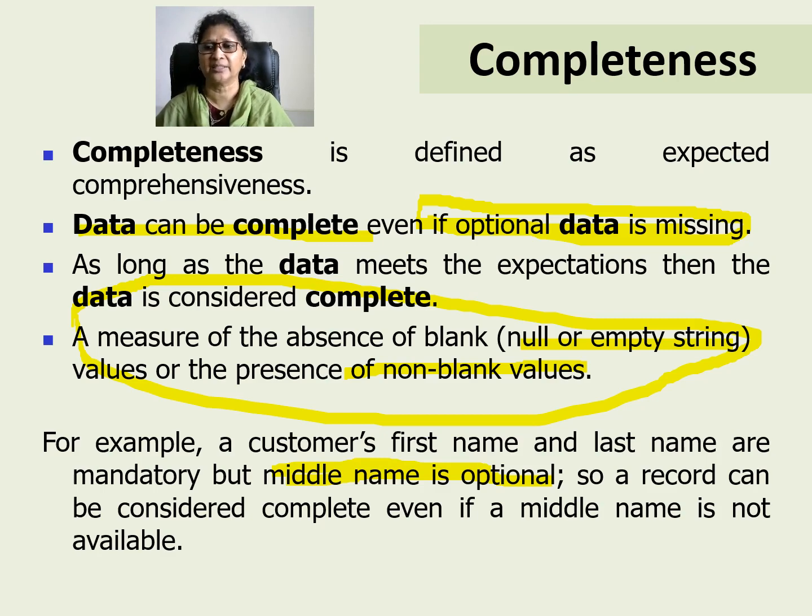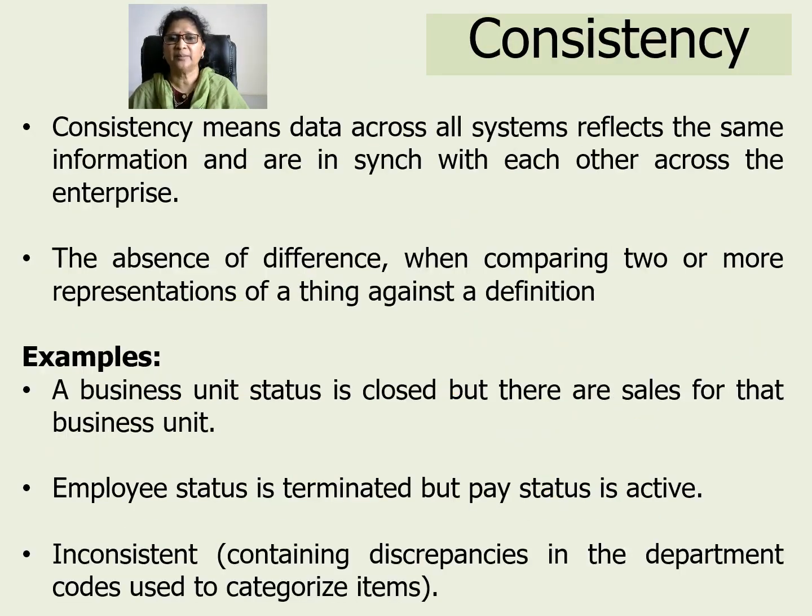Let's learn our next term. The next term is consistency. What exactly does consistency mean? Consistency means that data across all systems reflect the same information and are in sync with each other across the enterprise.